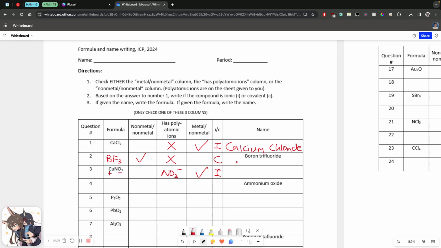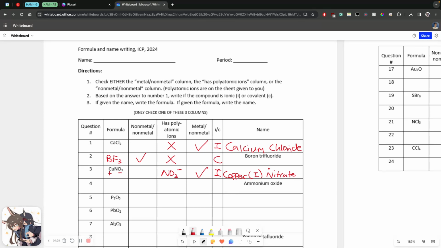Therefore, the name for this is copper(I) nitrate. We keep the ending name from the back of your periodic table; the polyatomic name stays the same.